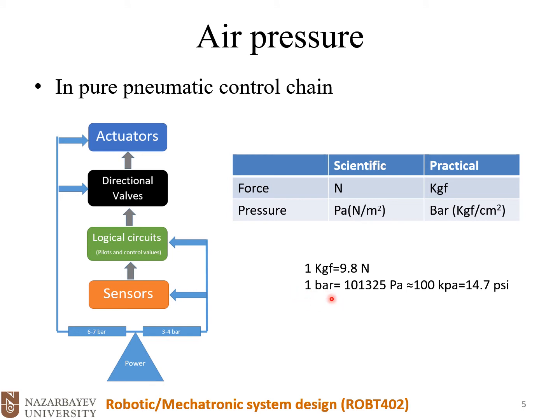At sea level, we have a pressure of 1 bar, which is almost equal to 100 kilopascal, and is equal to 14.7 psi, which is pound per square inch in the American system.